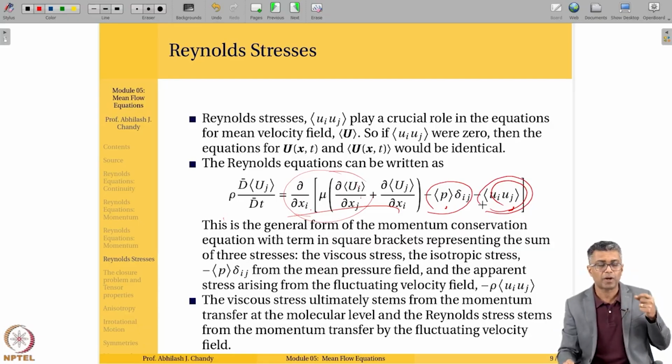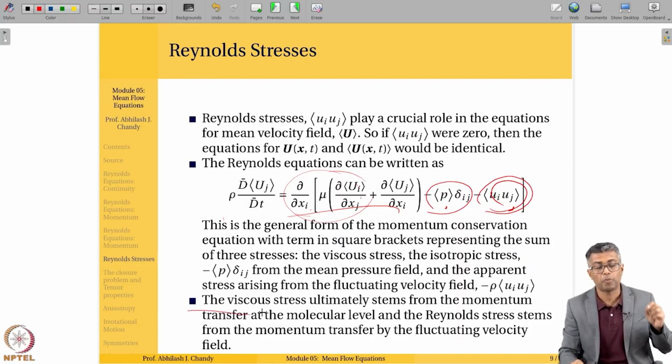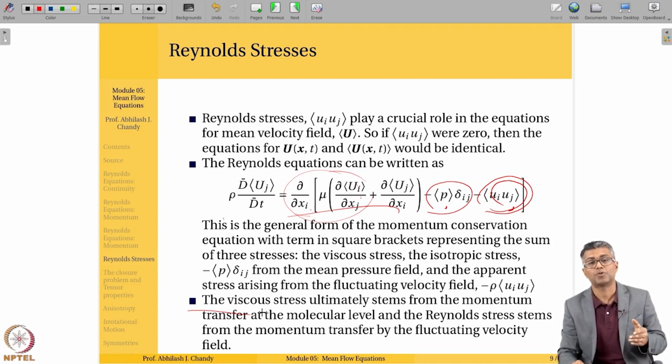You have this turbulent mixing, which is due to the fluctuating velocity field, a macro property, whereas the viscous mixing is a micro property. It comes from the molecular level. So that is what we mean by this statement. The viscous stress ultimately stems from the momentum transfer at the molecular level, whereas the Reynolds stress stems from momentum transfer due to the fluctuating velocity field. So that is at a macro level.